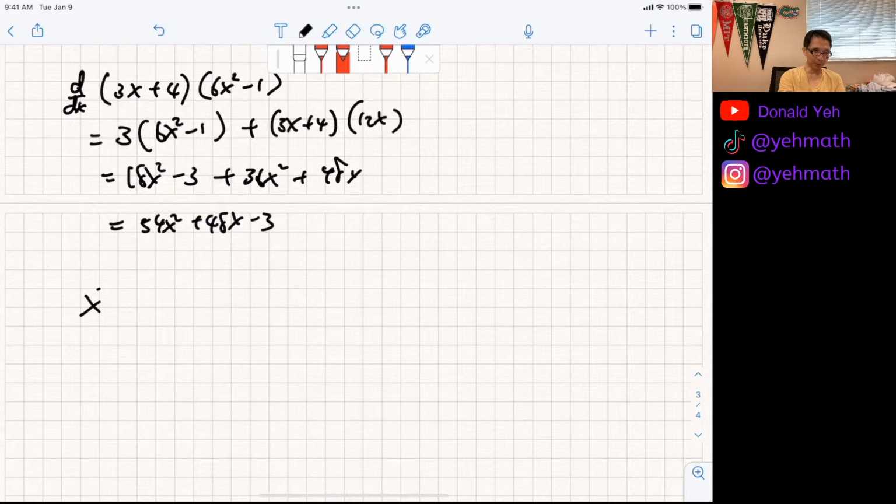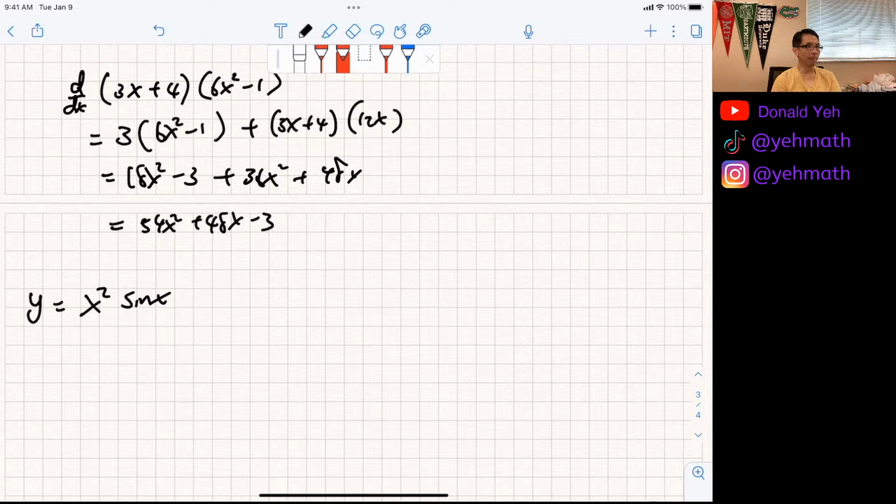For example, x squared times sine of x. I have y equal to x squared sine of x. I say, hey, let's take the product rule of this. Now, why do I have to use product rule? As opposed to the previous case, where you can distribute in.